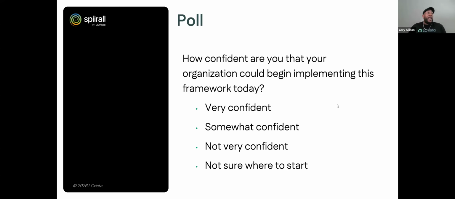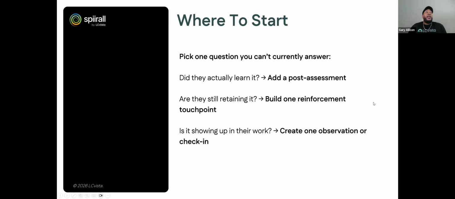And if you're feeling not as confident or not quite sure where to start, here's what I typically suggest. Pick one question that you can't currently answer. So just think about one of your programs. Did they learn it? Did they actually learn it? Try to implement a post-assessment. Are they retaining it?